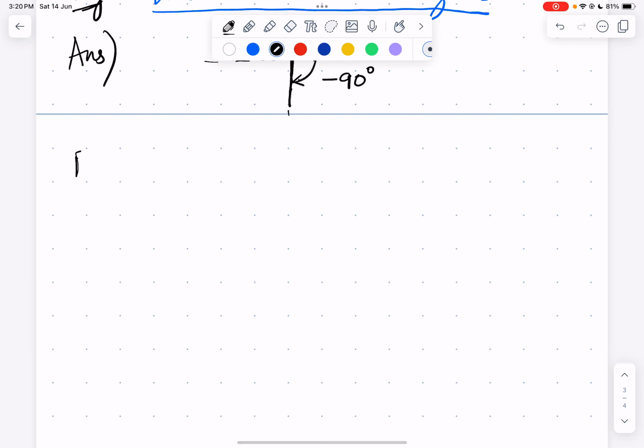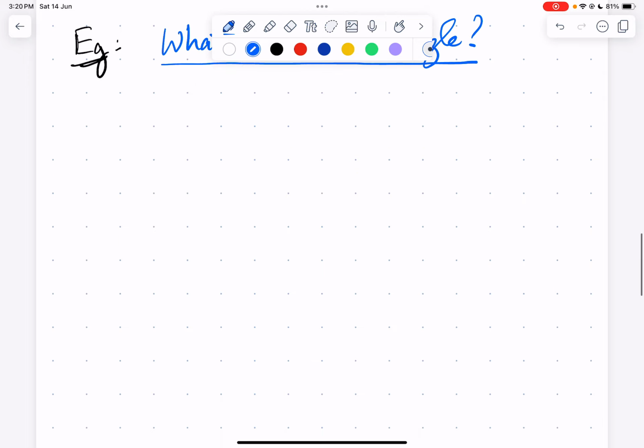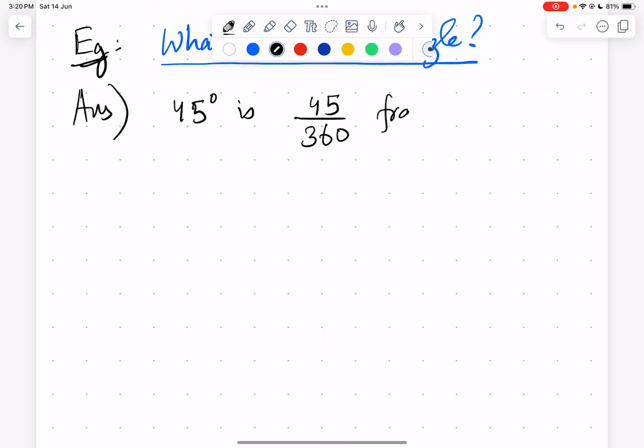So another example, what is a plus 45 degree angle? So first we see that 45 degrees is 45 by 360 fraction of 360 degrees.